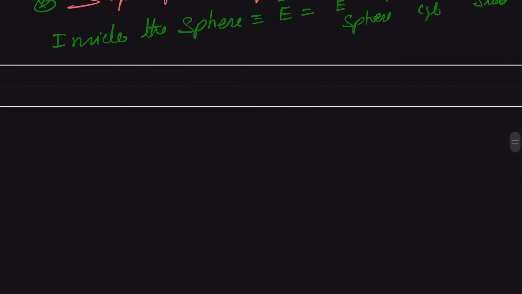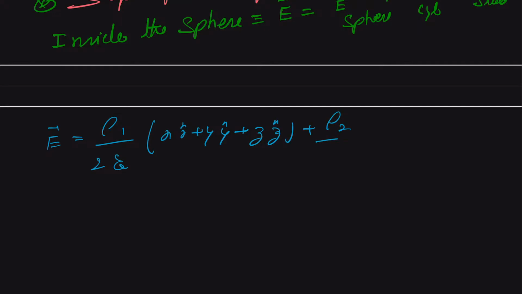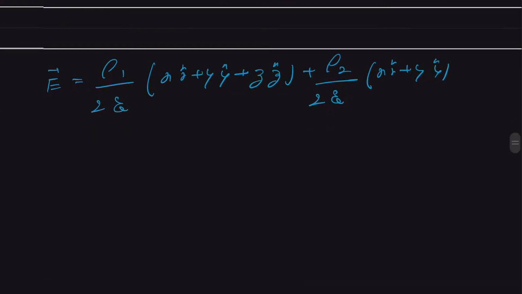So we get this electric field is equal to ρ1 upon 3 epsilon naught times (x, y, z), plus ρ2 upon 2 epsilon naught times x and y, and finally we have z.